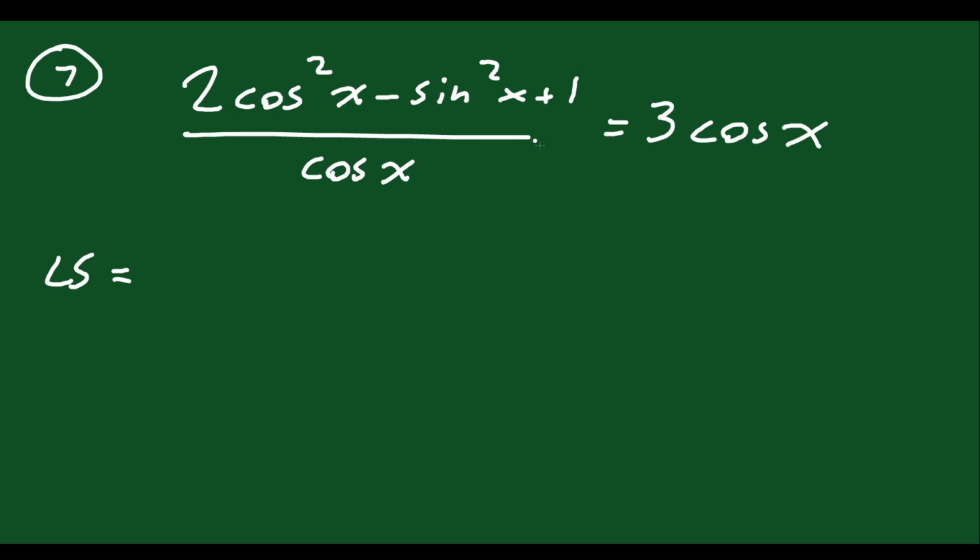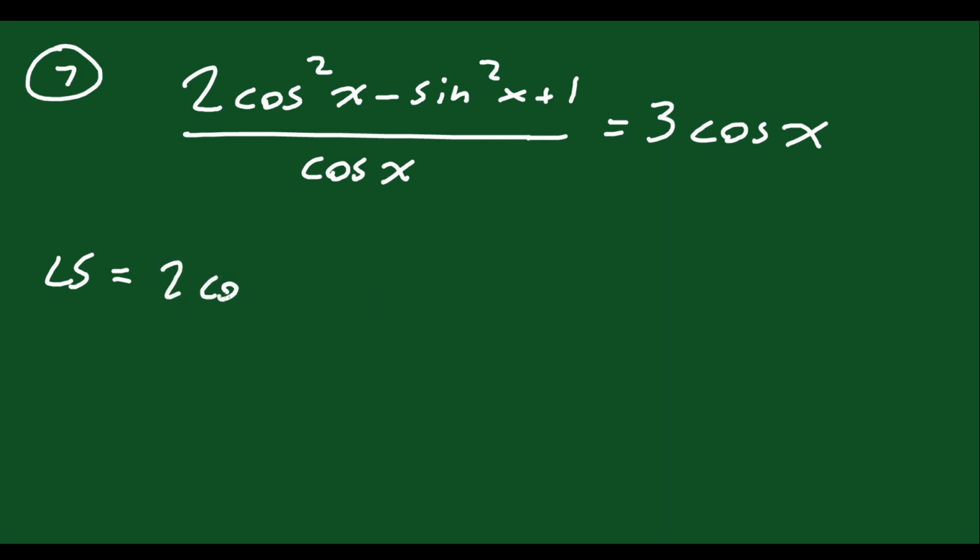If you see this 1 here, because I have a sine squared here, I'm kind of tempted to swap out that 1 for a cos squared x plus sine squared x, like the Pythagorean identity, right? Swap it out. And the reason I say that is because I think the sine squared I introduced will cancel with this sine, and then all my terms will have cosines, and then maybe the cosines will cancel. So I'm already thinking ahead, right?